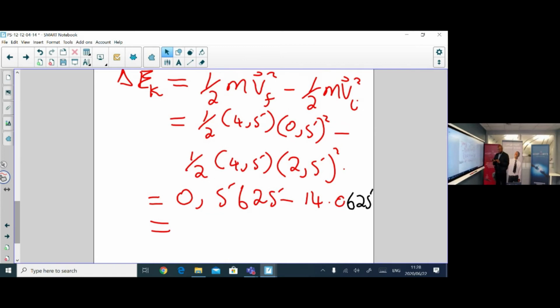That is half multiplied by 4.5 multiplied by 0.5 squared, which is 0.5625, minus 14.0625.